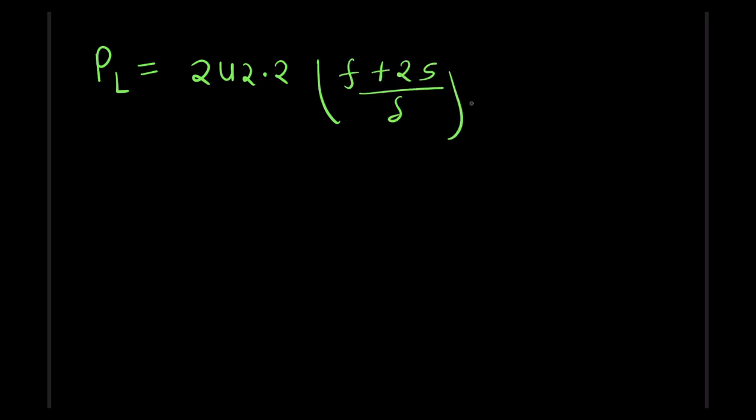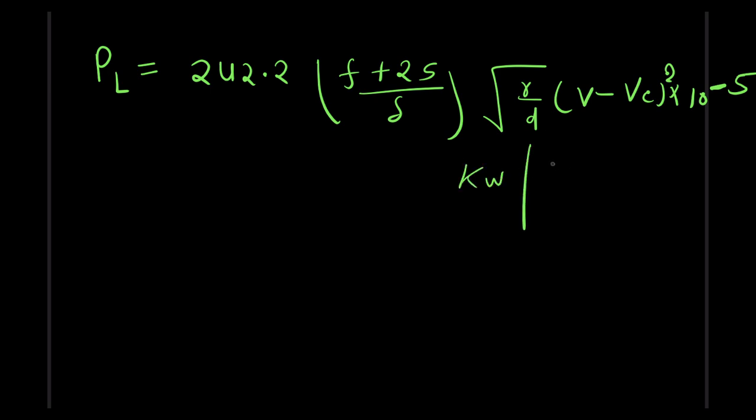So corona loss is equal to 242.2 multiplied by (f plus 25) upon del, under root of r by d, multiplied by (V minus Vc) whole square, into 10 power minus 5. The unit is kilowatt per kilometer per phase, where del is the air density factor.